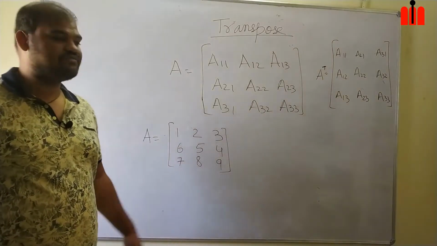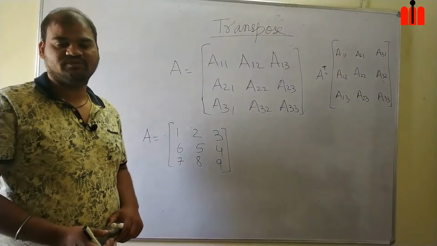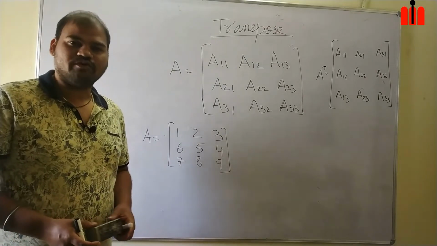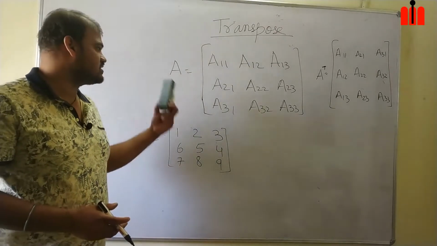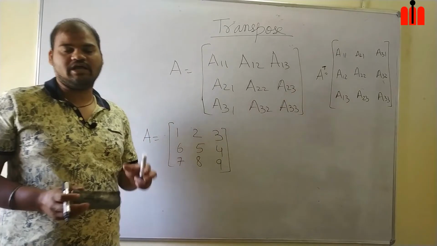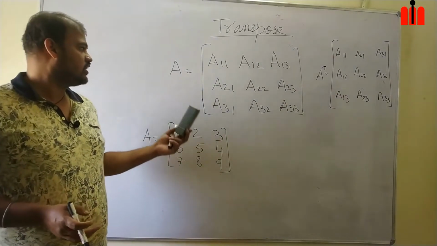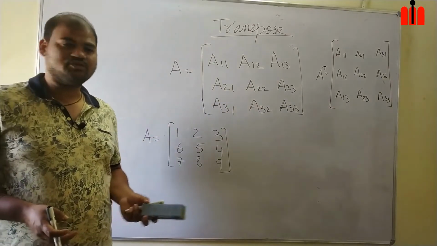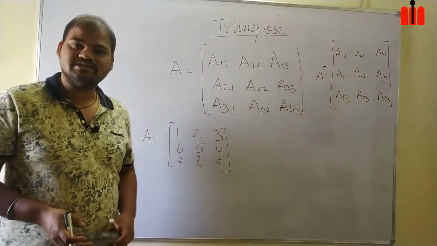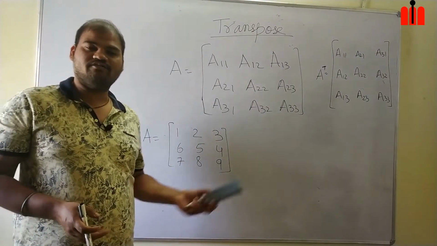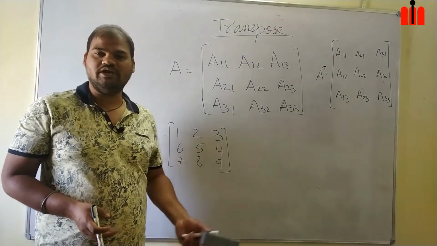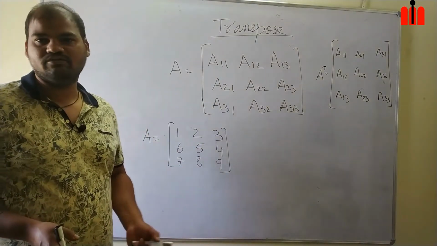Now let's get started with the transpose. What is the transpose of a matrix? If I say we have transposed a matrix, what does it mean? A matrix is represented in the form of A11, A12, A13, A21, A22, A23, A31, A32, A33.